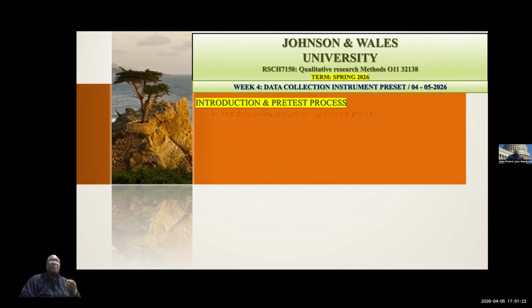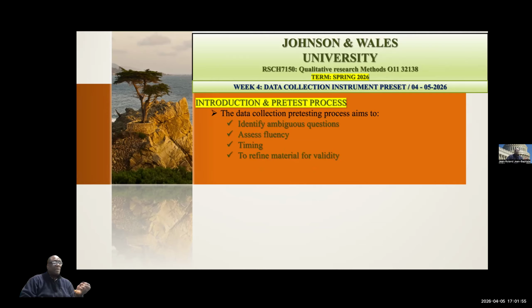The data collection pretesting process objective is to identify ambiguous questions and to assess fluency, to work with the timing of the interview, how long it's going to take, and to refine materials for validity. So we need to review all the materials, everything we are going to use with our participants.